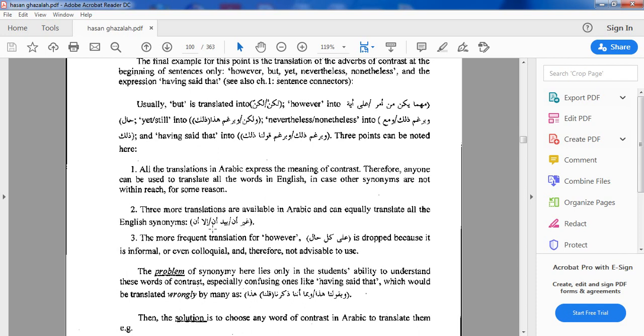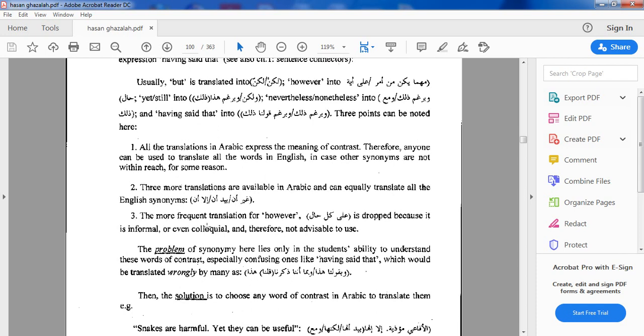غير أن, بيد أن, إلا أن. The more frequent translation of however is dropped because it is informal. على كل حال. Informal, okay, which is actually used between friends or even colloquial, العامية, and therefore not advisable to use.